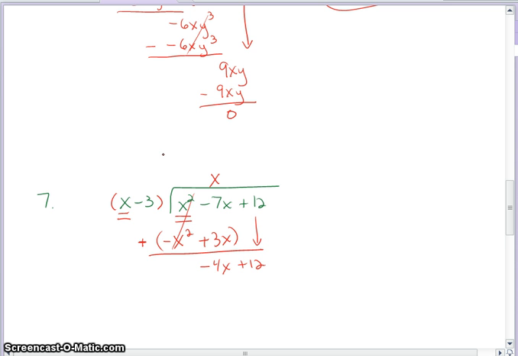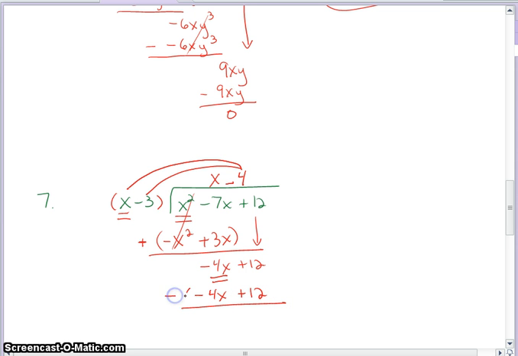Okay, so now I've got an x out in front here and a negative 4x. What do I have to multiply x by to get negative 4x? A negative 4. So then I distribute again. Negative 4 times x is a negative 4x. Negative 4 times negative 3 is a positive 12.